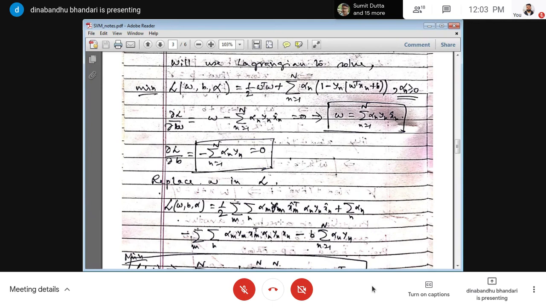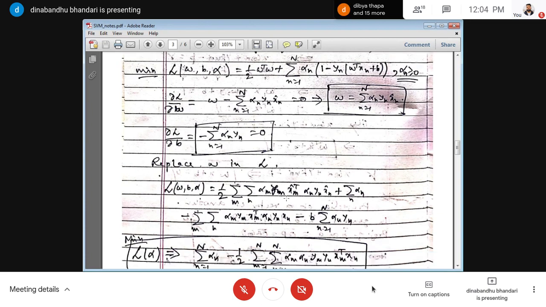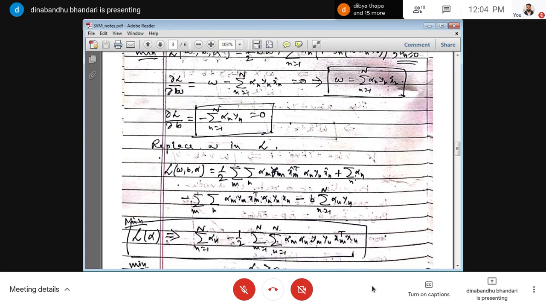You see, we would have been very happy if there was no half here, or if there was a half here, right? But unfortunately, it is not. We cannot get rid of this. So if I subtract and simplify this, I can write down this plus summation alpha n here. Here it would be minus half of this double summation, this one.